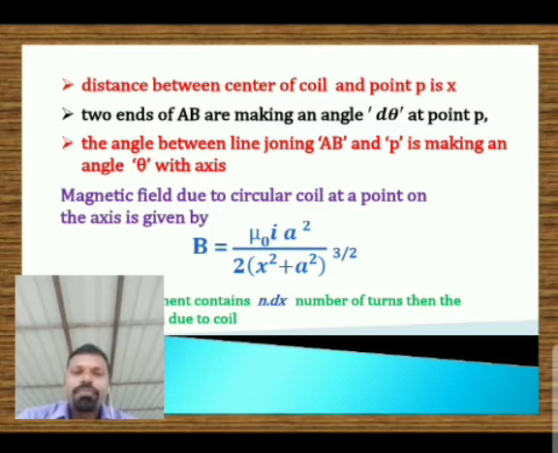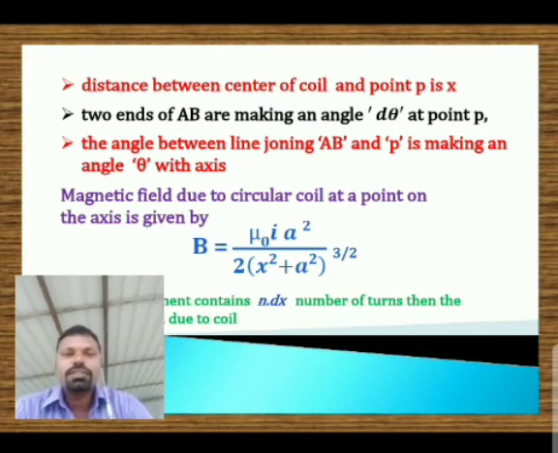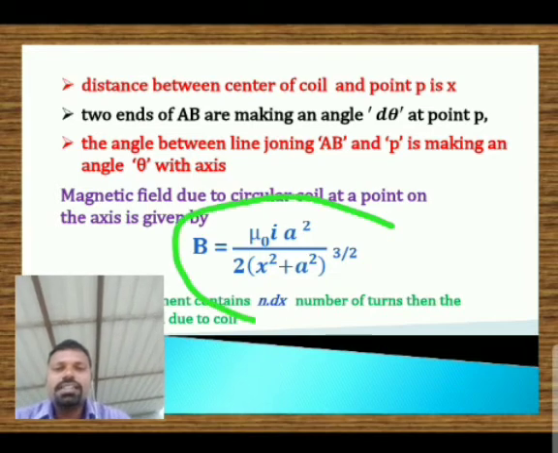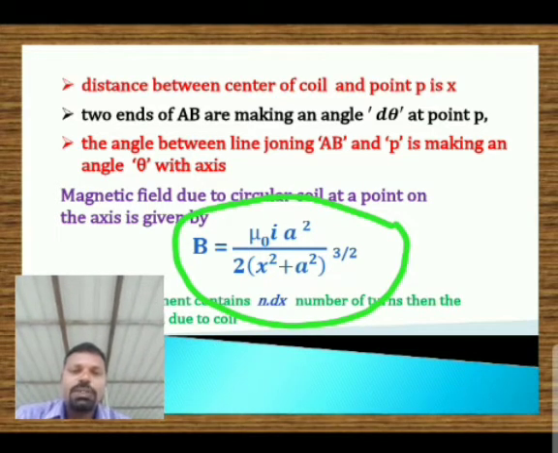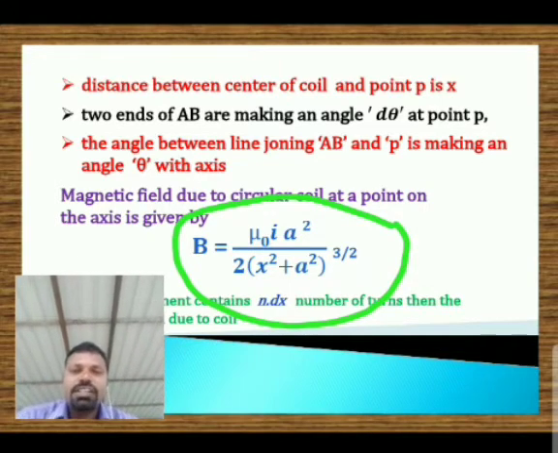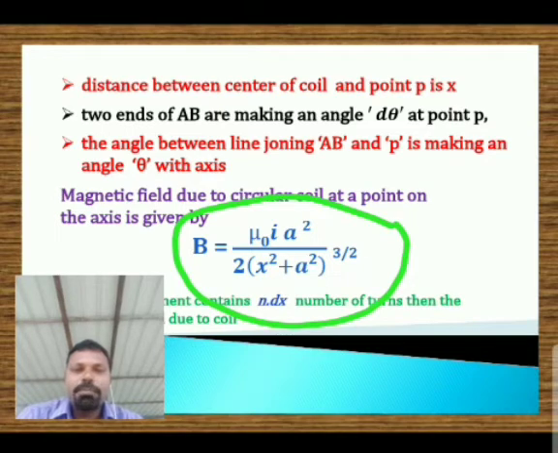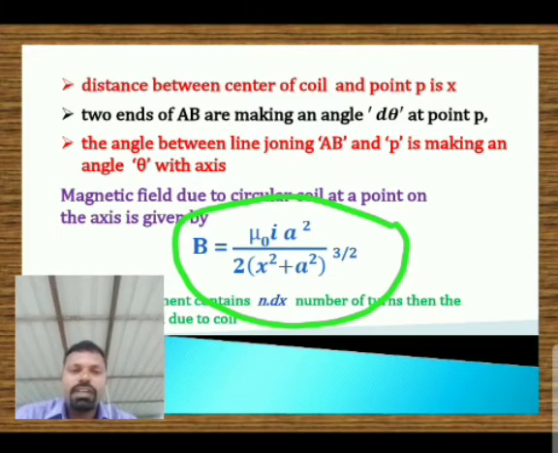Now the magnetic field due to a circular coil at a point on the axis is already derived using the Biot-Savart law. B is equal to mu naught I a square by 2 into (x square plus a square) power 3 by 2.